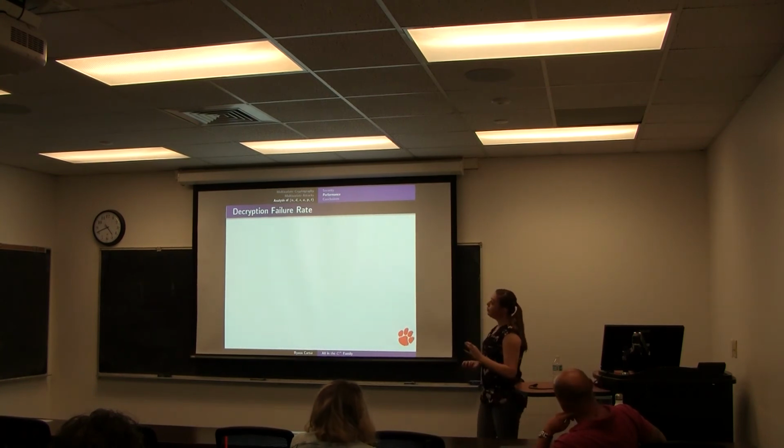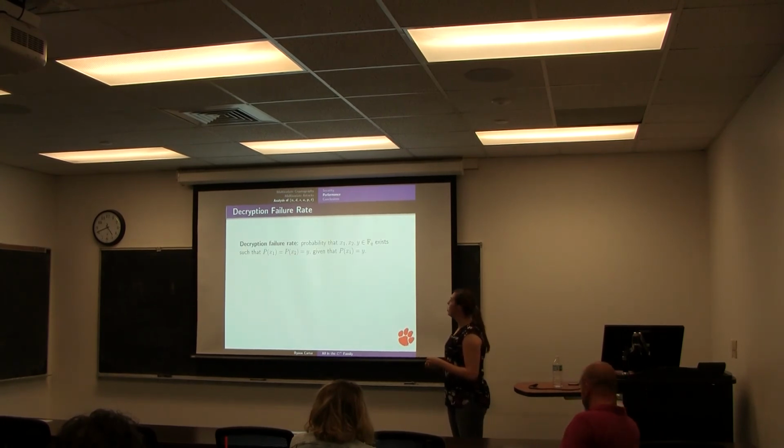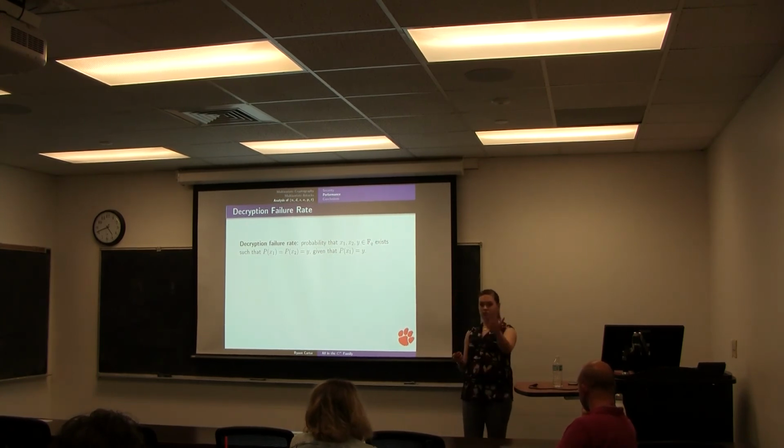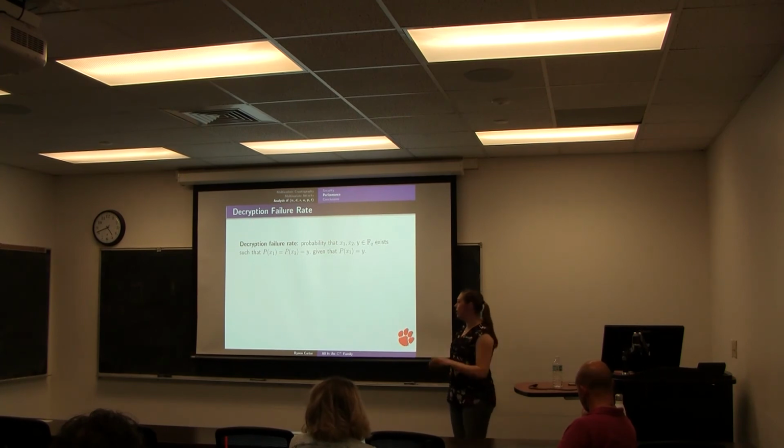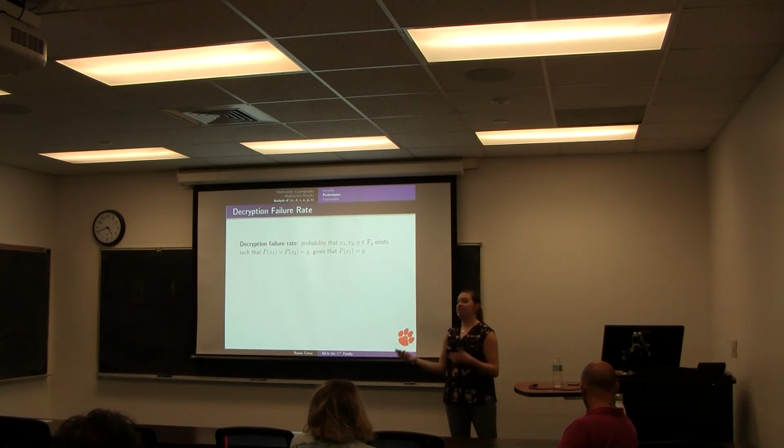All right, another thing we have to pay attention to, specifically when we have an encryption scheme, is decryption failure rate. That's the probability that X1, X2, and Y exist such that the output of X1 and X2 are both Y. The way we computed the decryption failure rate was we used a simplifying heuristic and said, let's pretend it's a random function, and then we used Bernoulli trials.